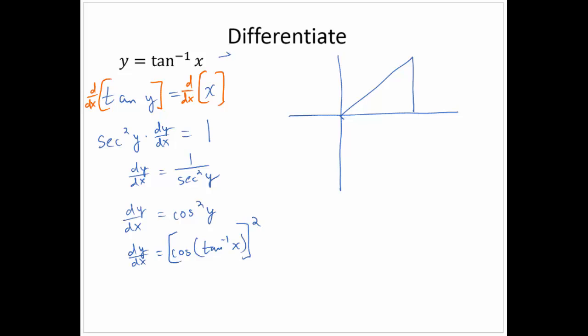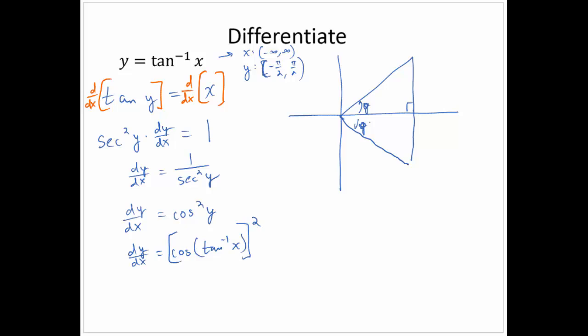Remember, for tangent inverse, x can be any number, and y is between negative pi over 2 and pi over 2. So again, I would have these two triangles, and I'll call this angle theta, or y actually, in this case.